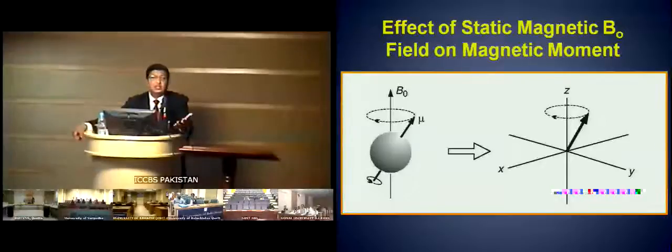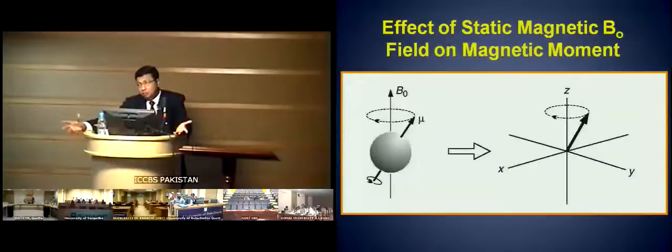And I told you that the most notable difference in terms of hardware between the old conventional NMR spectroscopy and the new spectroscopy is the superconducting magnet.